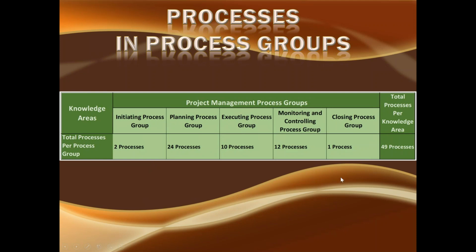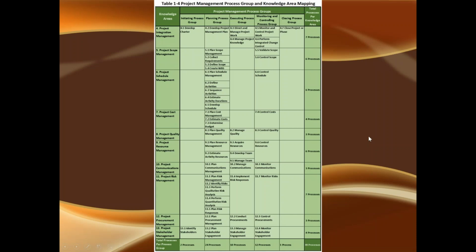So if I take you to a big chart, this is the big chart in which in the columns I have shown you the process groups: initiation, planning, execution, monitoring and control, and close. And in the rows we have the 10 knowledge areas, chapter number 4 to chapter number 13, all the 10, starting with integration, scope, time, cost, etc. So if you look at the rows, these are the knowledge areas, and integration has got total of 7 processes, scope has 6, and so on and so forth.